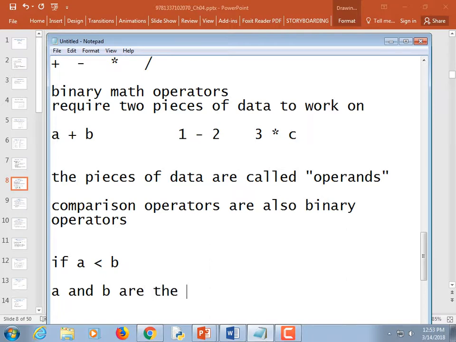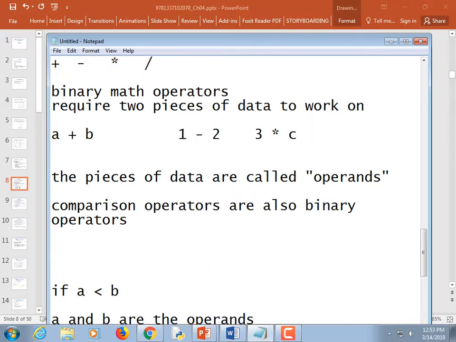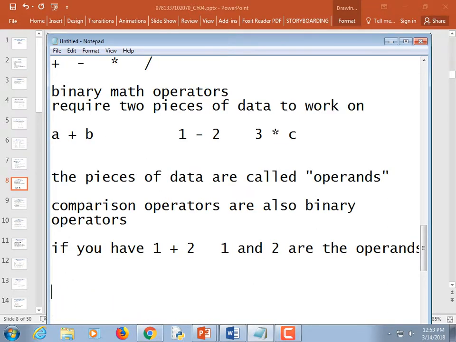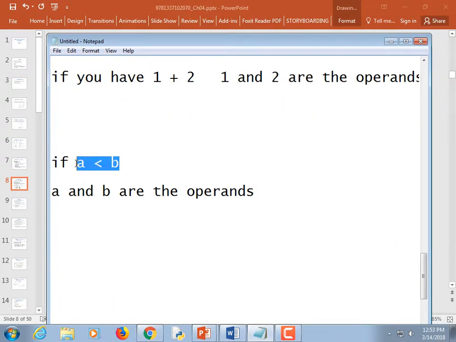A and B are the operands. If you have A plus B, or 1 plus 2, 1 and 2 are the operands. Makes sense?